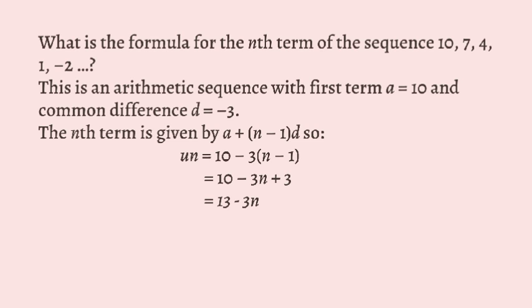So the nth term is given by a plus n minus 1 times d, and because a equals 10 and d equals minus 3, Un equals 10 minus 3 times n minus 1. Minus 3 times n is minus 3n, and minus 3 times minus 1 is 3. So Un is 10 minus 3n plus 3. Then we get Un is 13 minus 3n.